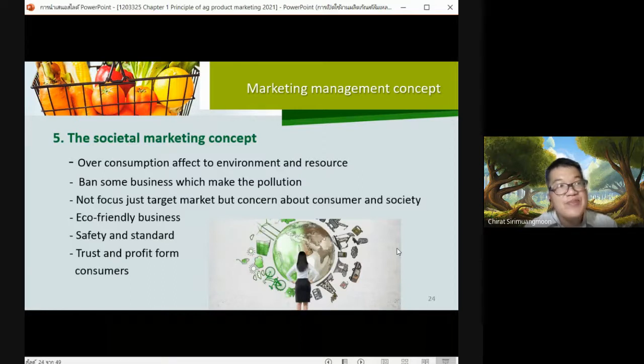And the fifth marketing concept for these lectures is the societal concept. This name really makes clear what they are concerned about. They are concerned about society. They think overconsumption affects the environment and resources.